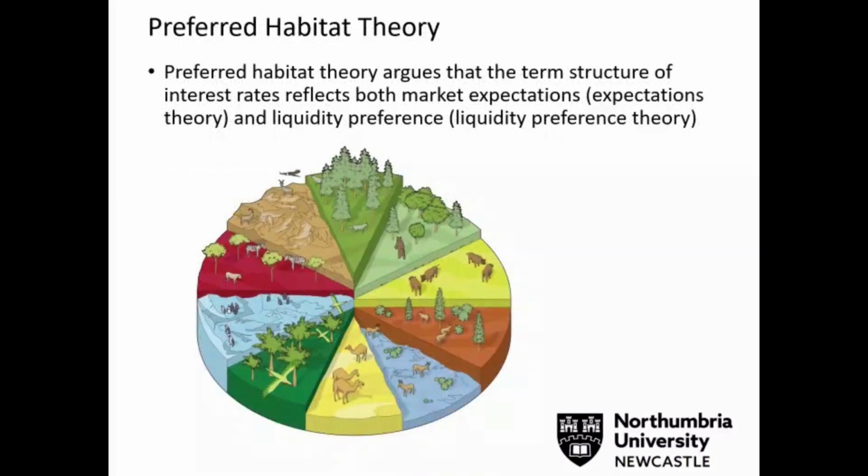Next, we have preferred habitat theory. As the picture demonstrates, everyone has their natural environment. This is the same with investors. As an investor, if your preferred habitat is short-term debt, then in that habitat you expect certain characteristics. If you're an investor and prefer to invest in longer term debt, again, you'll have different requirements.